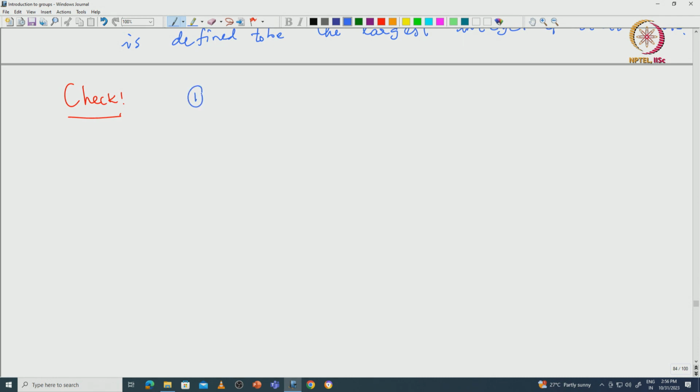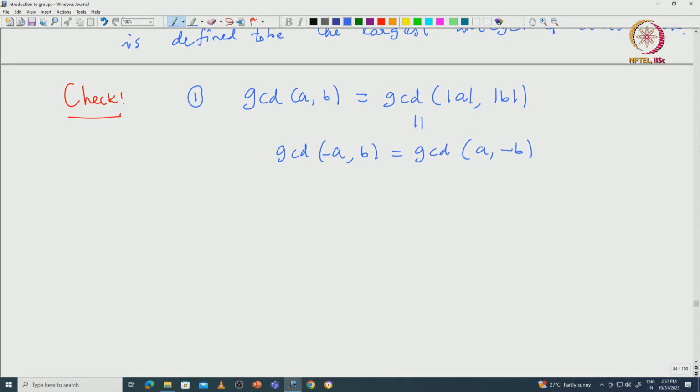The very first property: the GCD of A comma B must always be positive. You can easily prove that GCD of A comma B is the same as GCD of the absolute value of A and the absolute value of B, which is also the same as GCD of A comma minus B, GCD of minus A comma B, and GCD of minus A comma minus B. The GCD of all these numbers is the same.